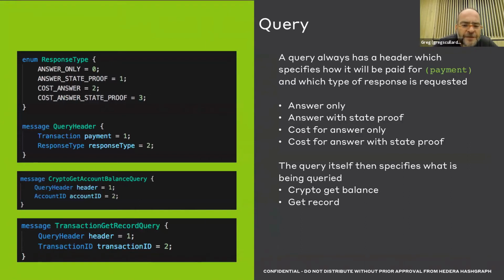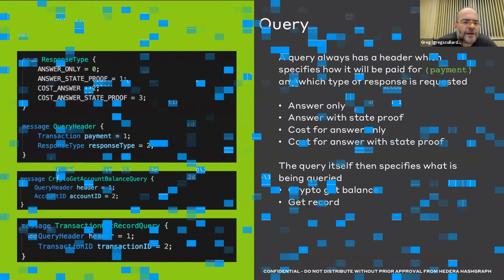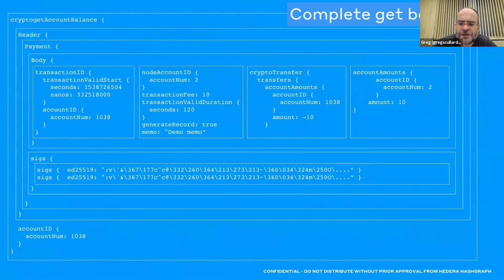And then the query itself specifies what is being queried. So is it a crypto get balance, a get record, get info, and so on and so forth. Okay. So here's a complete get balance message as defined, or as crafted, through protobuf.